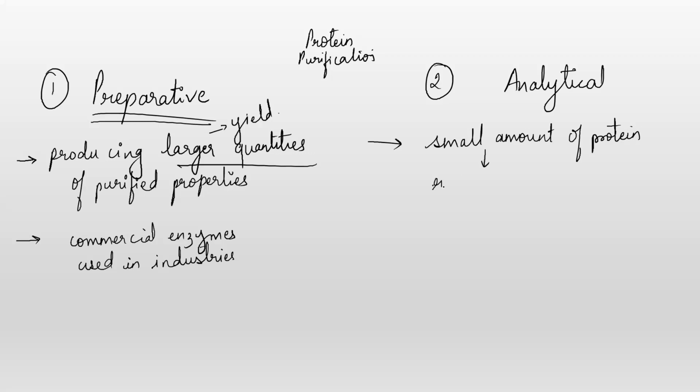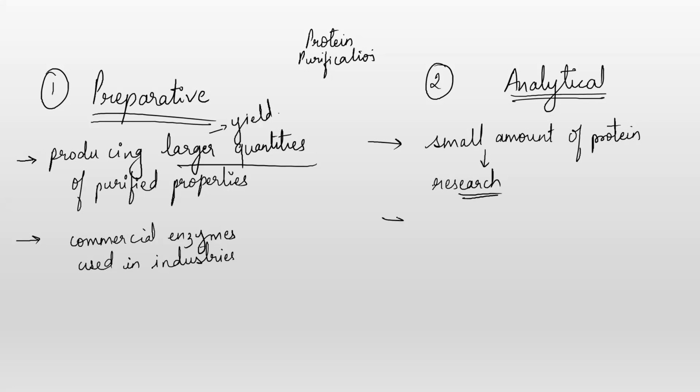Because you are further going to study them. So this is for the purpose of research. Any technique that you use to obtain a small amount of protein only for research or study purposes, that purification is known as analytical purification.